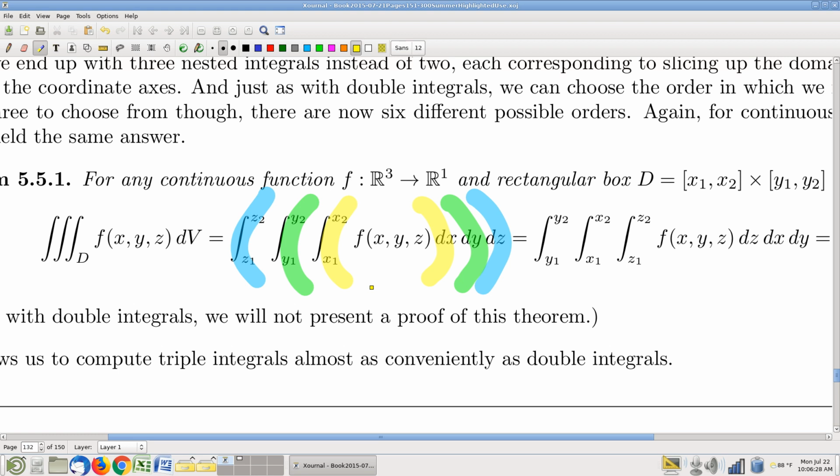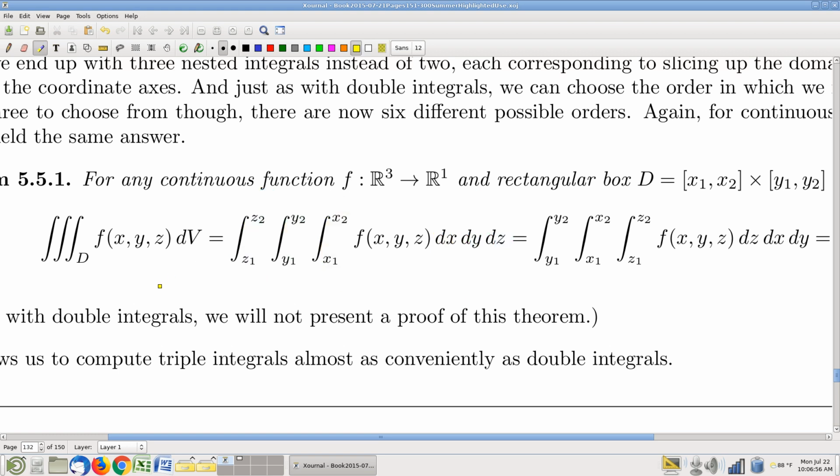You've got three different variables to do your slicing. By the way, we're going to do loads of examples to come, exactly the details that I'm currently glossing over. So three different directions in which to slice, and therefore you get a nesting of three single variable integrals. Sometimes I call this a triple nested integral, or more commonly a triple iterated integral.